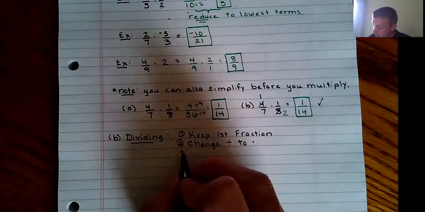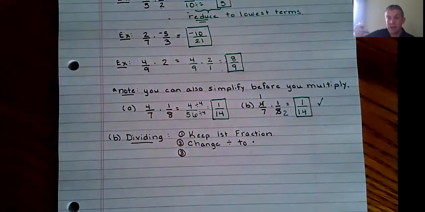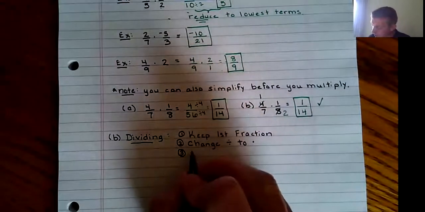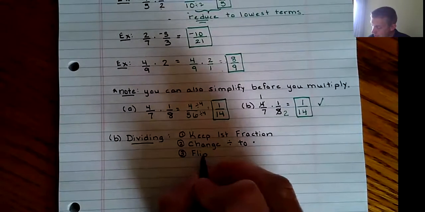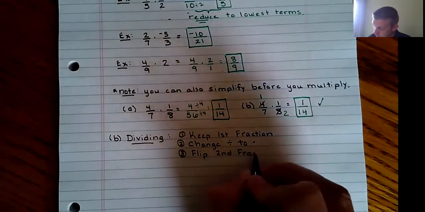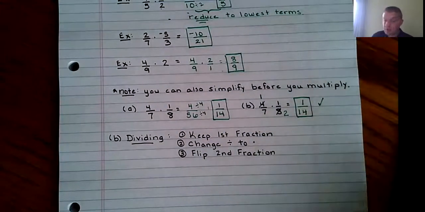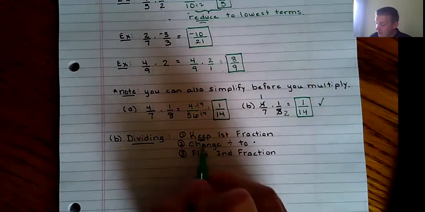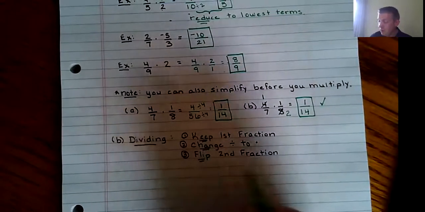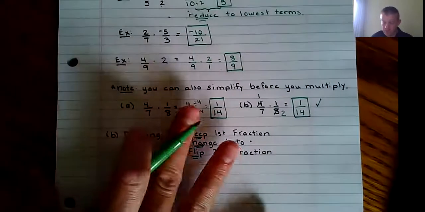And then the final step, and remember what you do to the second fraction? Yeah, you flip it. So flip the second fraction. And usually when I teach this the first time, I call this keep, change, flip. So basically a division problem is the same as a multiplication problem.